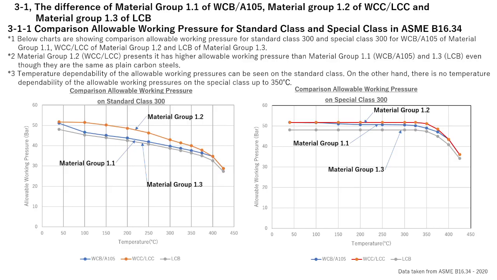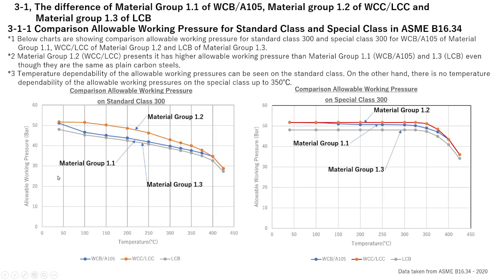So material groups 1.1, 1.2 and 1.3, which are the same carbon steels, have different allowable working pressure on the rating class in each rating table.